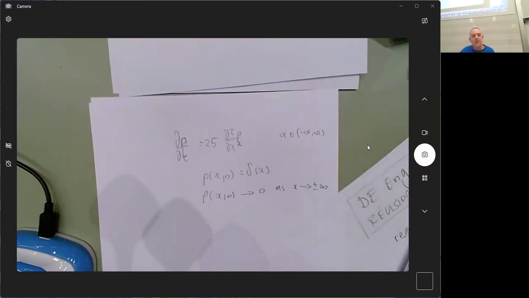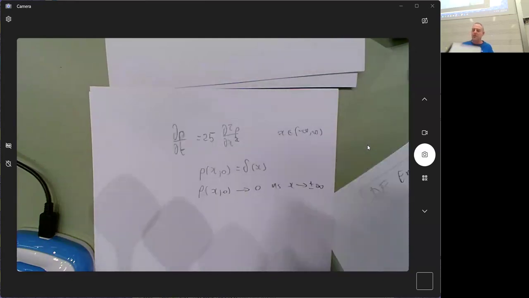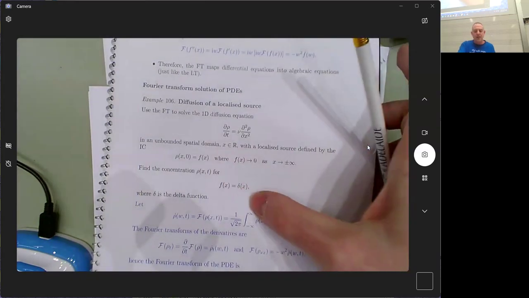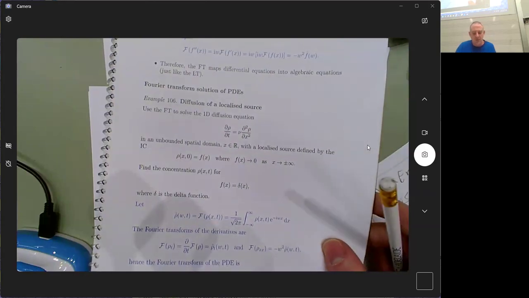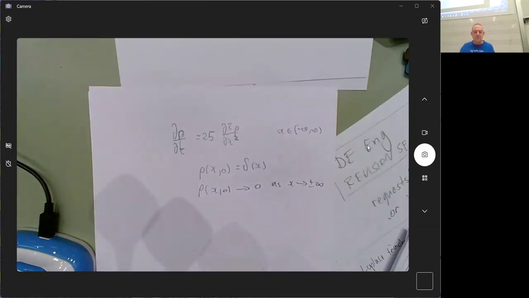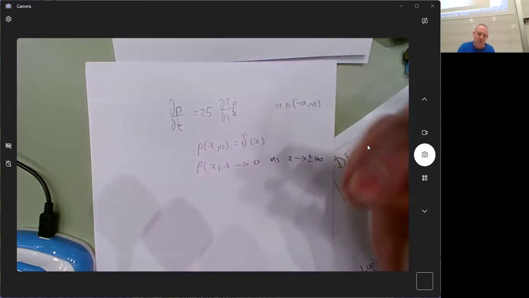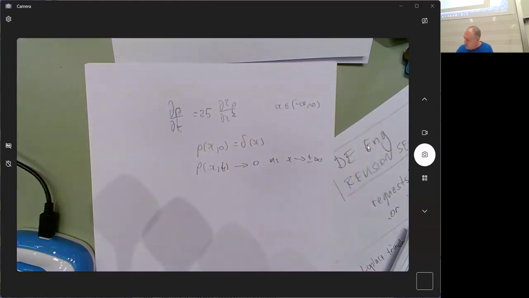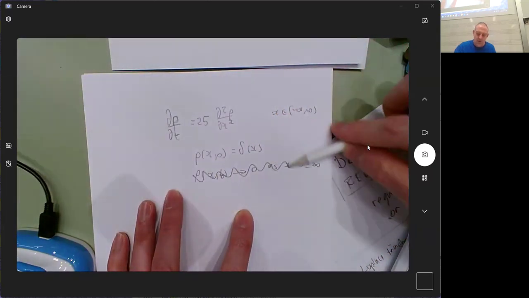That's the one that they've given us in the notes. They've talked about this equals f of x here, and then they said that f of x is delta x. Maybe there should be a t here. I think that might be true. Nope, they've just done this, so we don't need that at all. Okay.